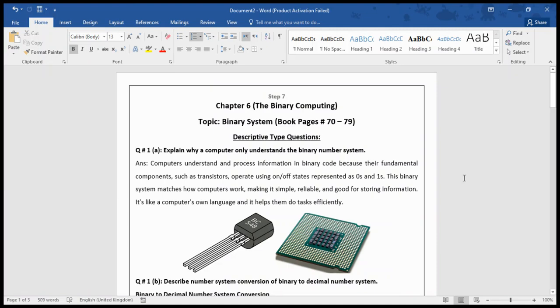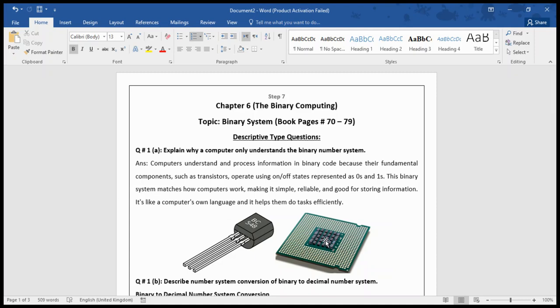Now, as you can see, there is an image below. This is an image of a transistor, and on the right side, this is the image of a processor. As you can see, there are so many transistors on this processor. Today's computers contain approximately 10 to 20 billion transistors in a single chip, in a single processor.